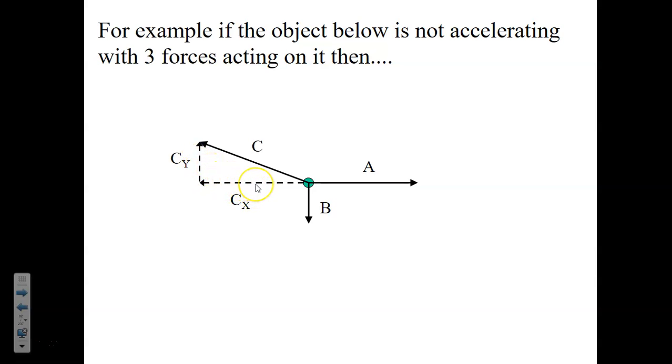The horizontal component Cx has to cancel out with the force A to the right, and the vertical component Cy has to cancel out with B. So I'm just showing you that you can break these apart into components and show that the components will cancel out with other forces.